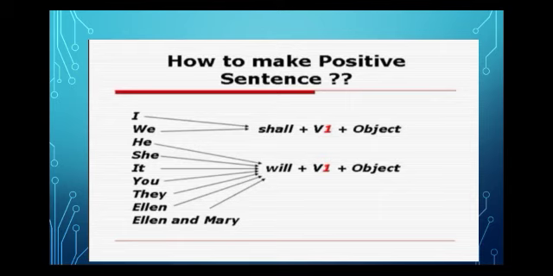Okay, with he, she, it, you, they, any singular name or any plural, we use will. For example, he will come to my house today. She will get good marks in the exams. It will rain today. You will eat it. They will come to my house, etc.